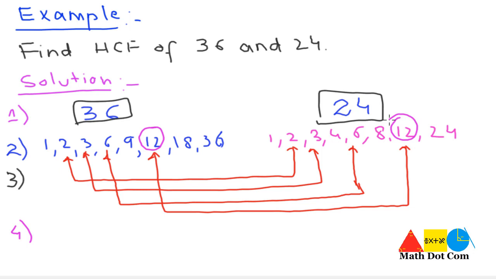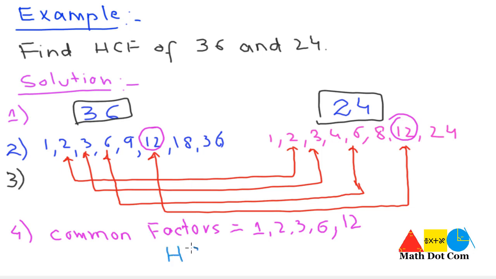So we can say that the common factors are 1, 2, 3, 6 and 12, but the highest common factor, the HCF, is 12.